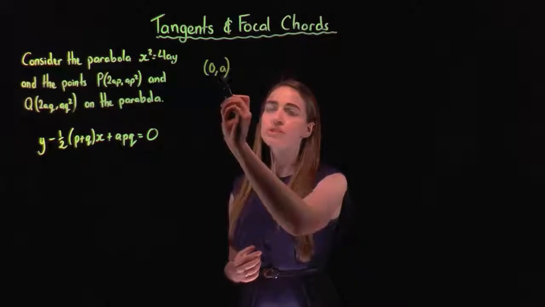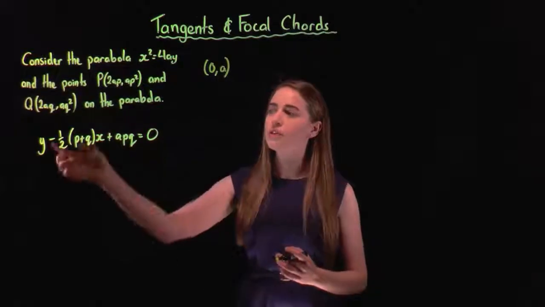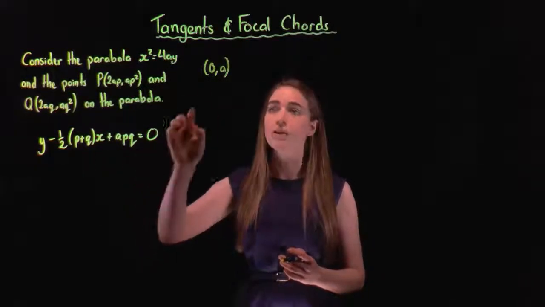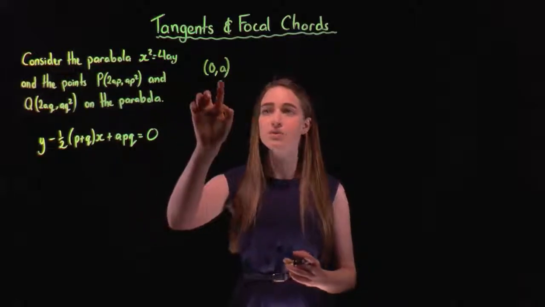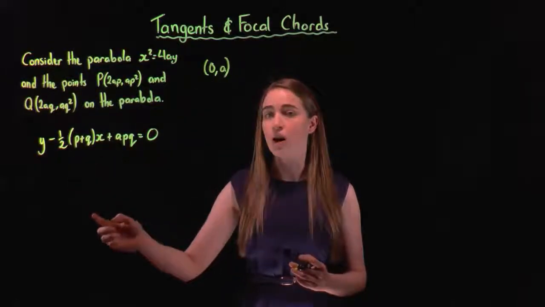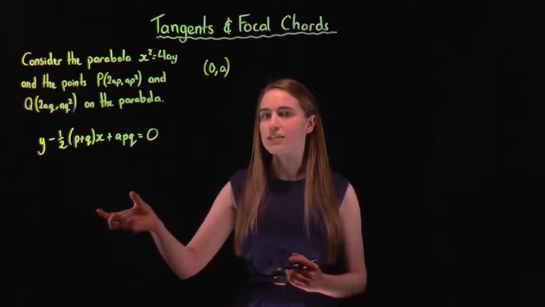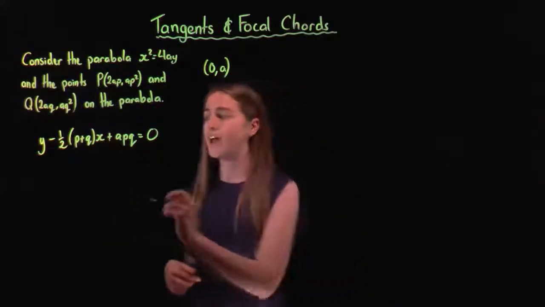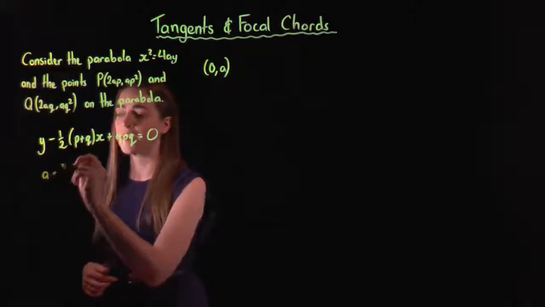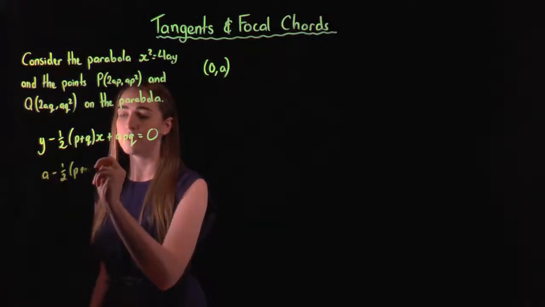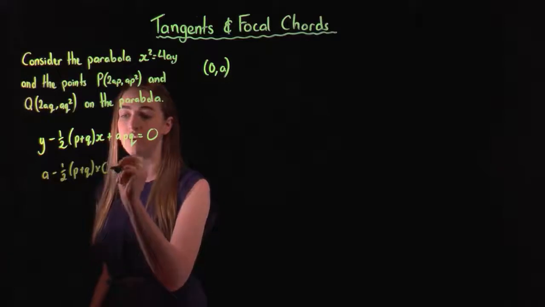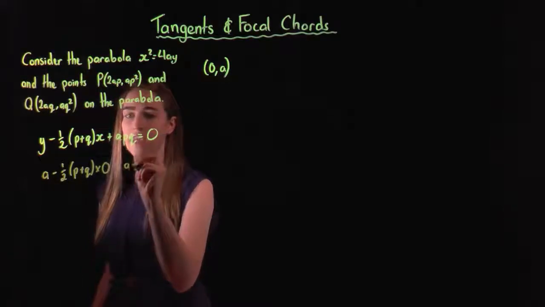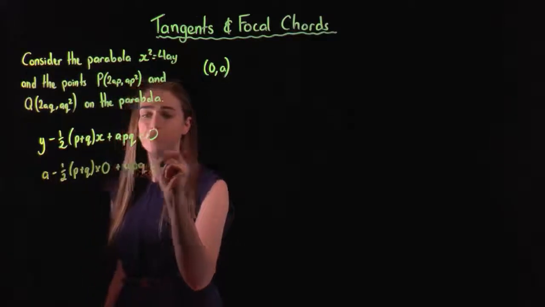So if its coordinates are (0, a), and we know that this chord passes through that point, then we can substitute those values in for our x and y because we know that that point satisfies the equation. So we're going to substitute a in for y and 0 in for x. So we're going to have a minus a half (P plus Q) times 0 plus a P Q equals 0.